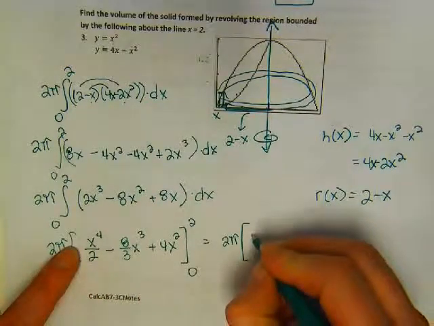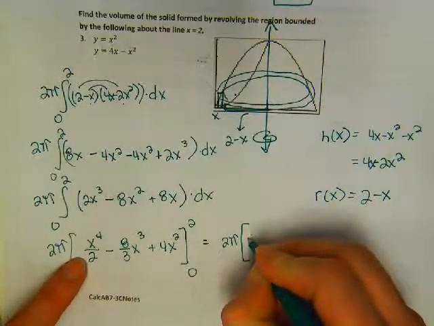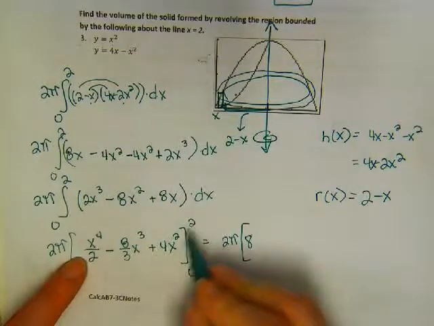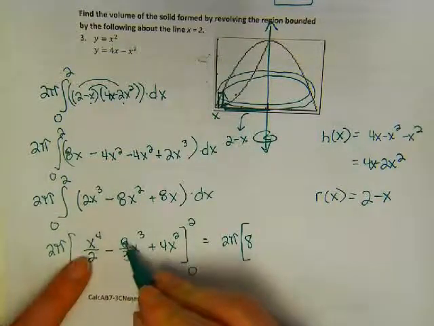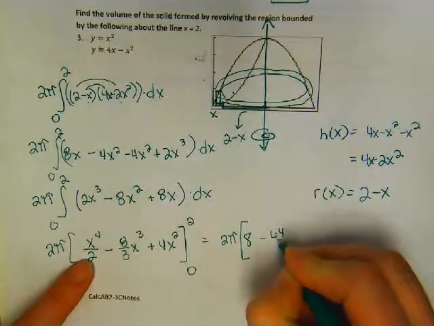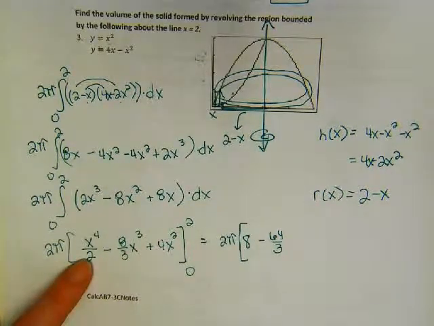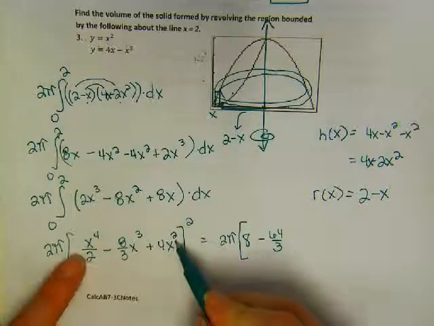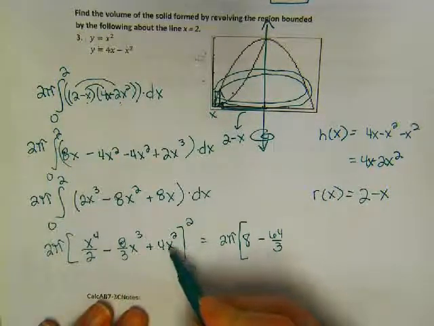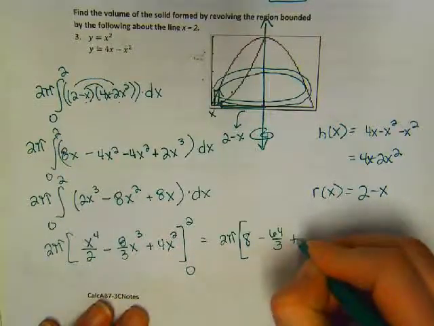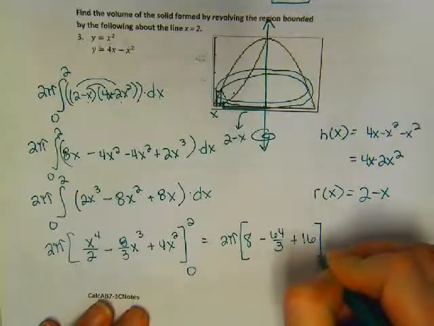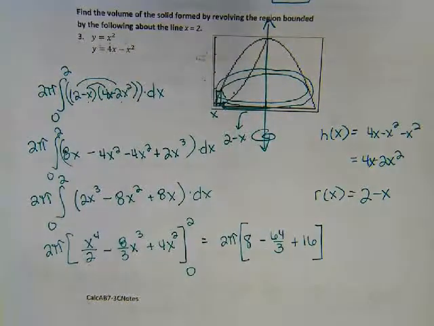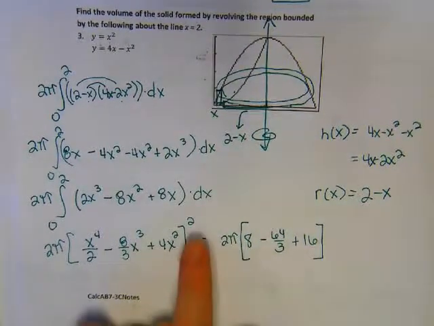So 2 to the 4th is 16 over 2, which is 8, right? 2 cubed is 8 times 8 over 3, so minus 64 thirds. 2 squared is 4 times 4 is 16. Did I do that right?